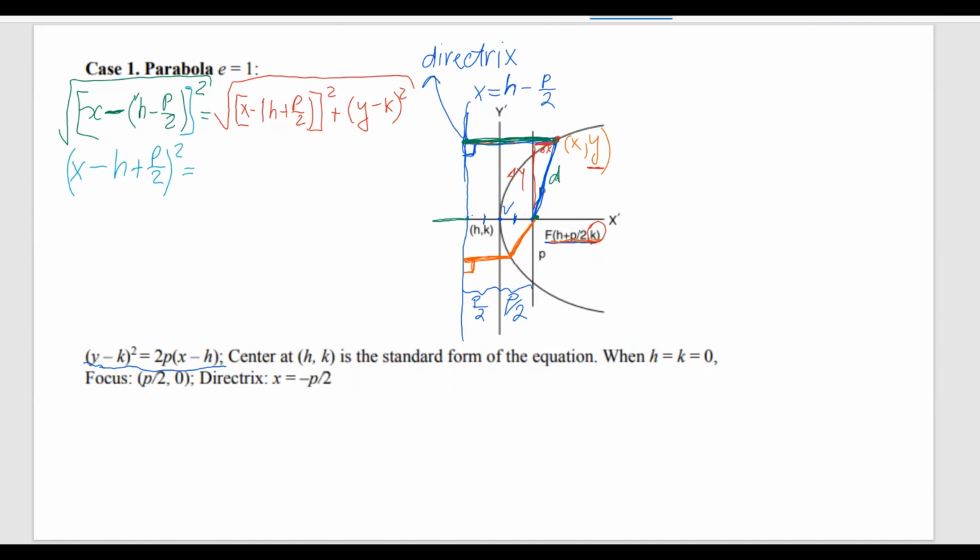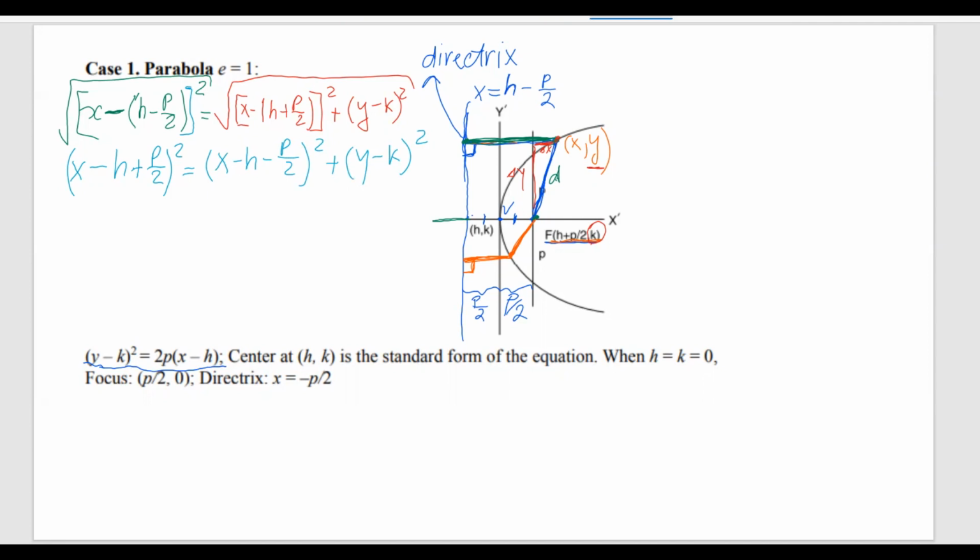And this is going to be equal to the other side. We get rid of the radical as well. So here we have x minus h minus p over 2, squared, plus y minus k, squared. And here, notice we have a little bit of a messy parenthesis, all squared.